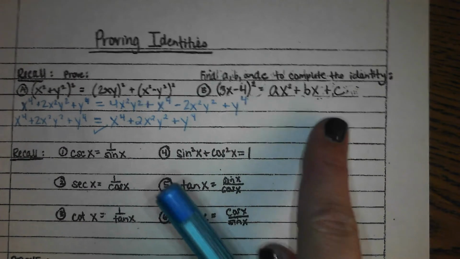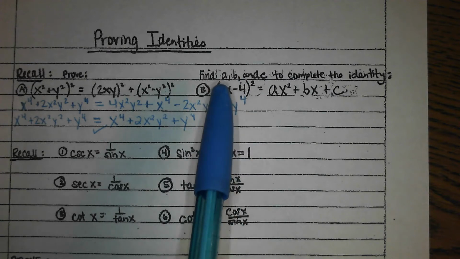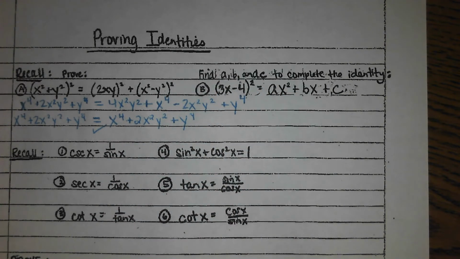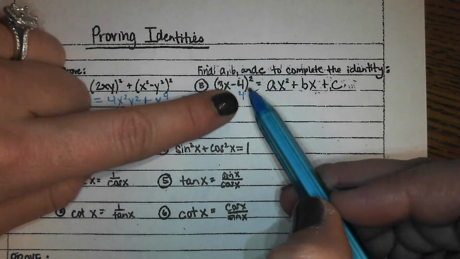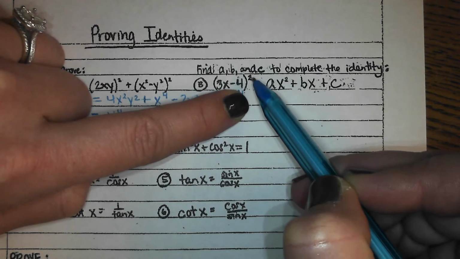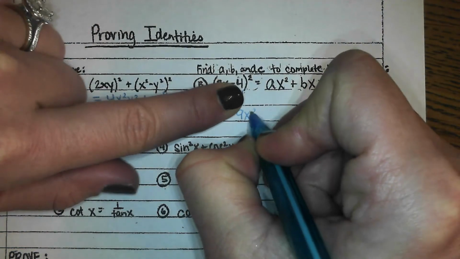In B, a kind of a different way we've done the identity is it's been phrased where we need to find what certain letters are that would make something an identity. So on this one, we can still simplify the left. Sorry, I kind of ran into it a little bit. If I simplify the left and do 3x minus 4 squared, 3x times 3x is 9x squared.